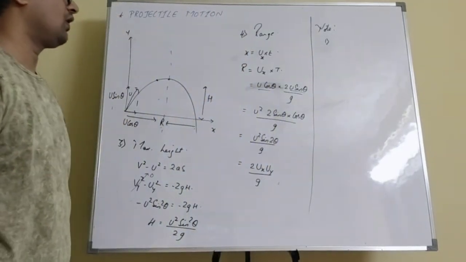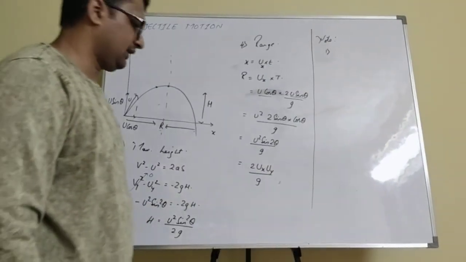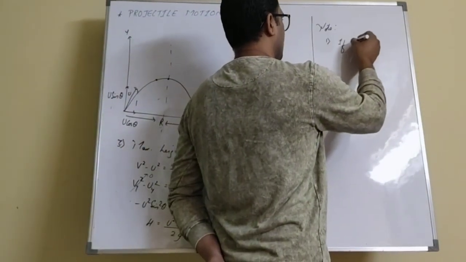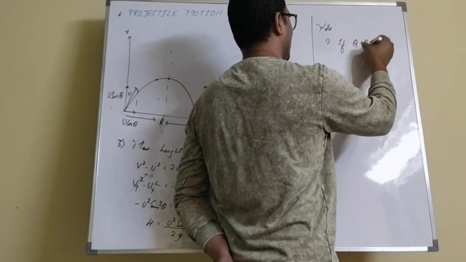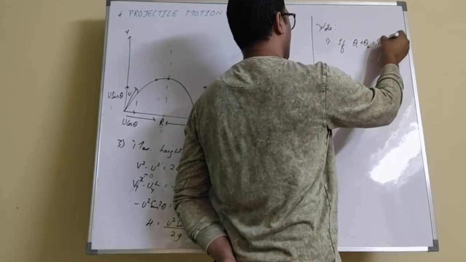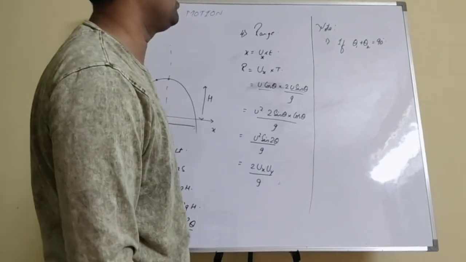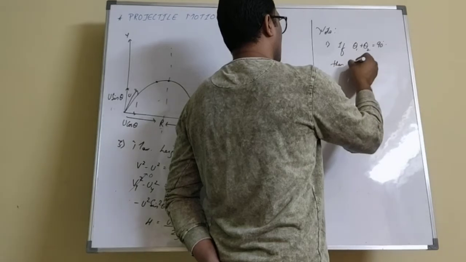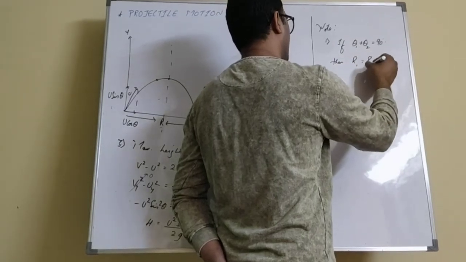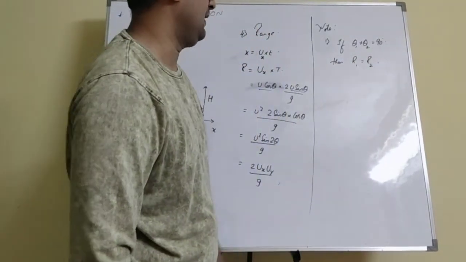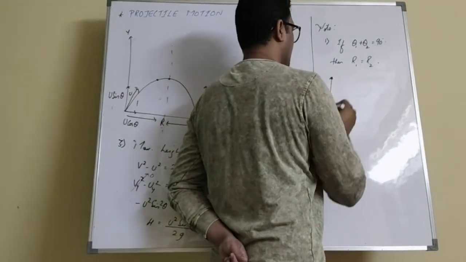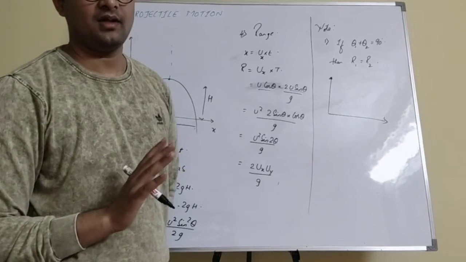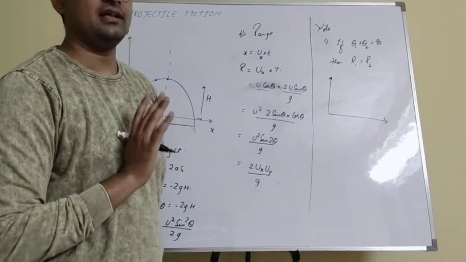Clear? Okay. First of all, if theta 1 plus theta 2 is 90, then R1 equals R2. Let's understand this. I'm throwing two projectiles at different angles, theta 1 and theta 2.